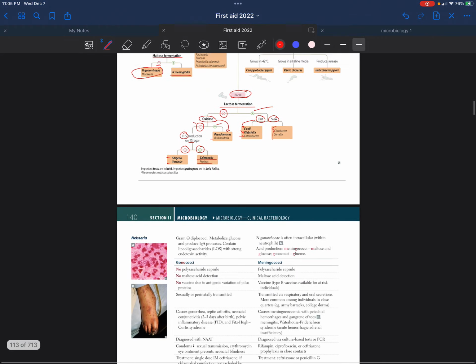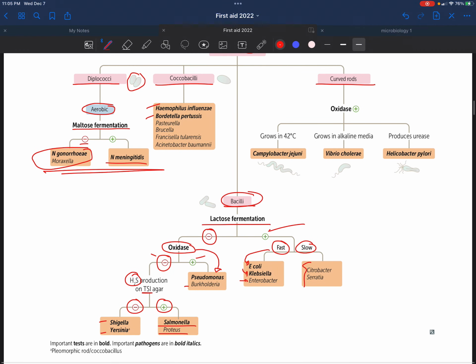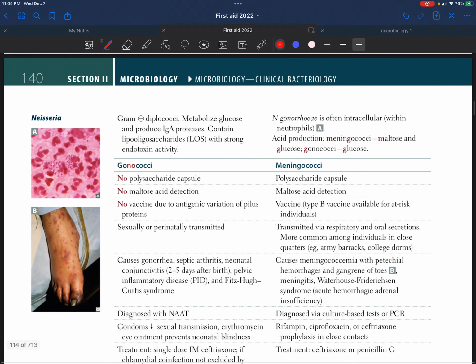So the very first thing that we're going to start with are the Neisseria subtypes. Generally speaking, the Neisseria, as we said, are gram-negative diplococci. It metabolizes glucose and it produces immunoglobulin A protease, which breaks down the immunoglobulin A within the body. So it's just a virulence factor that can threaten the body's ability to defend.